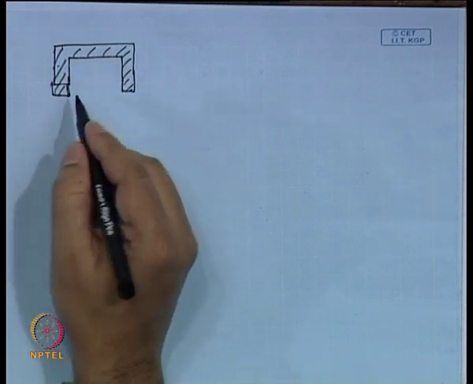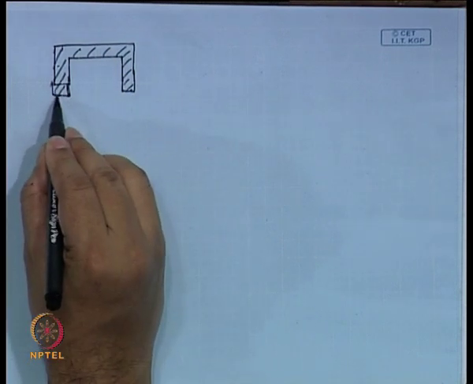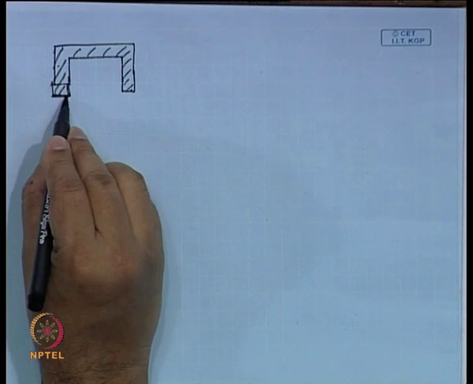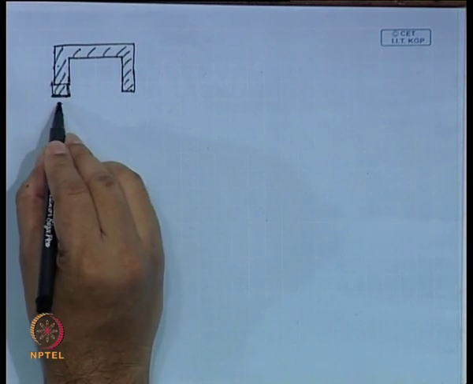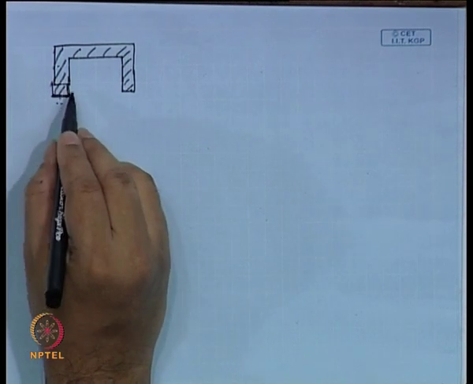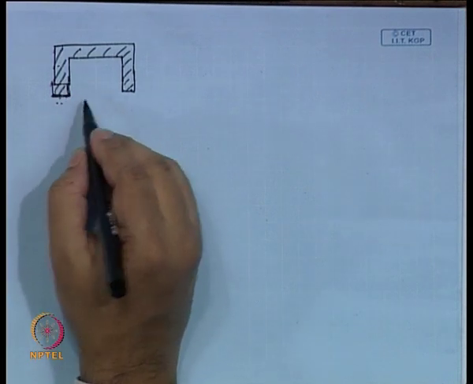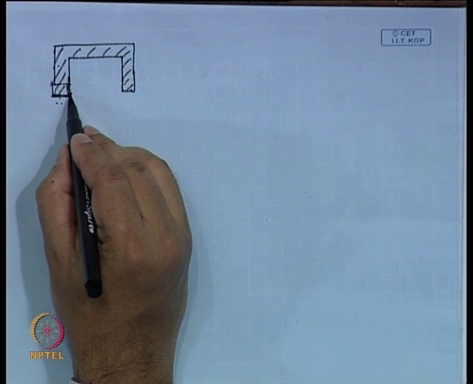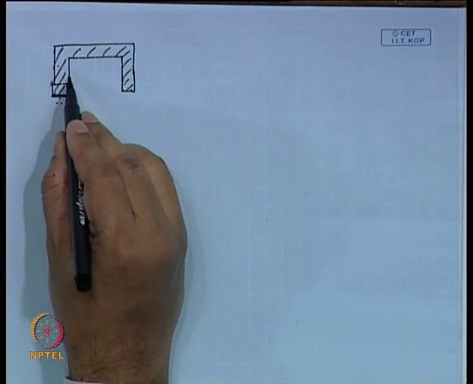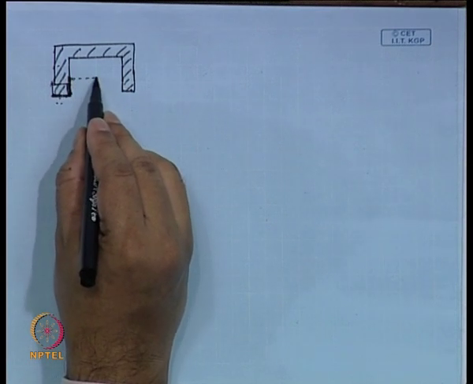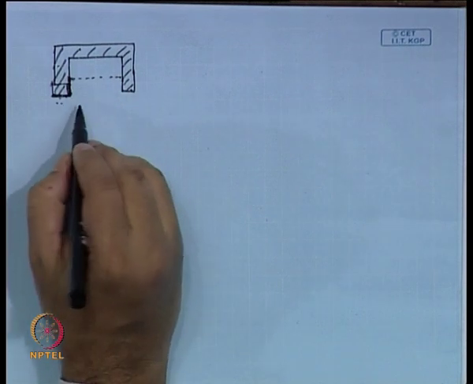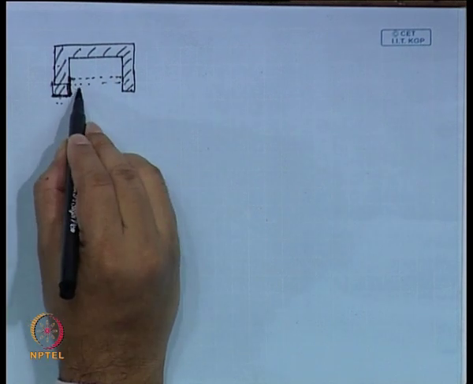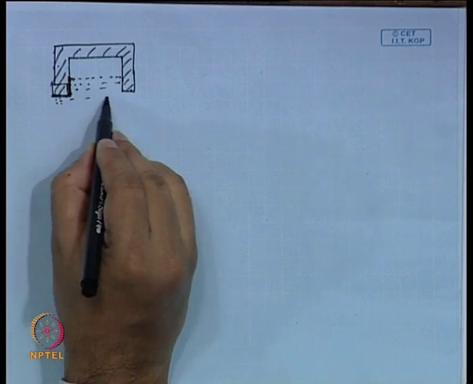So, this is the feature you have, and there is a gap through which the liquid is penetrating here. Now, by capillary action, the fluid tends to go up this way. So, maybe it has gone up to this level, the level up to which the liquid could fill.